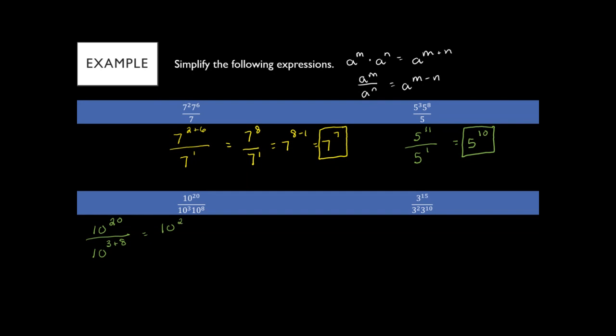So this gives me 10 to the 20 over 10 to the 11. Once you've simplified it so that you've got something with an exponent over something with an exponent, that's when we can use our rule to subtract. So it's always top minus bottom. 20 minus 11, and that gives us 10 to the 9.